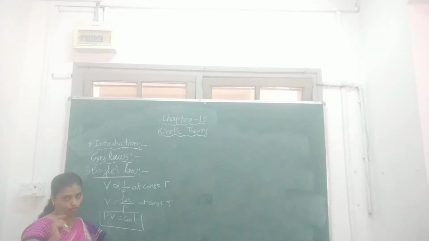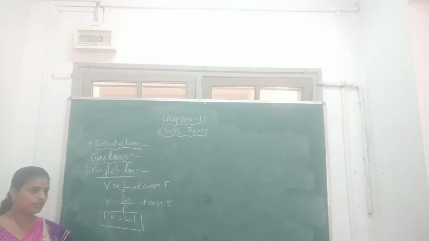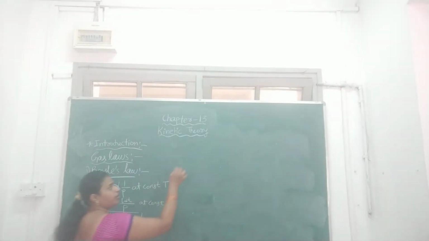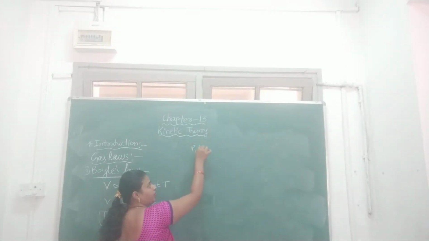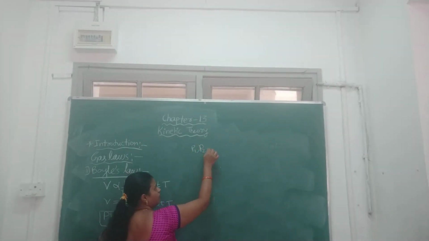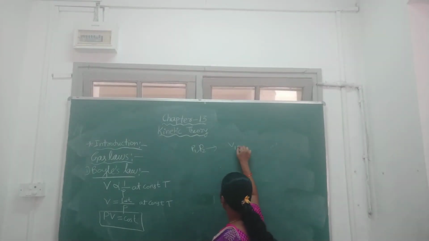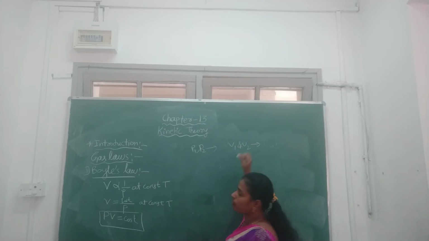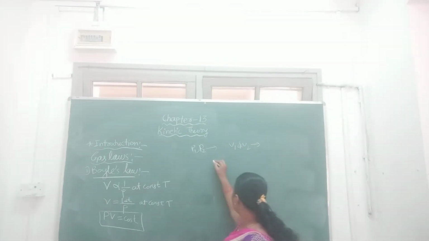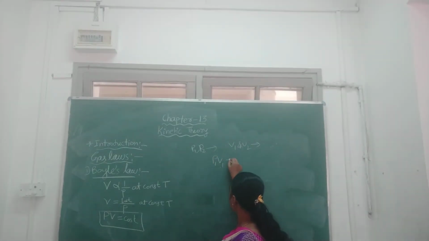This is for 1 mole of gas. For 2 terms, suppose P1, P2 are the pressures and V1, V2 are the volumes. Then P1V1 is equal to P2V2 is equal to constant.